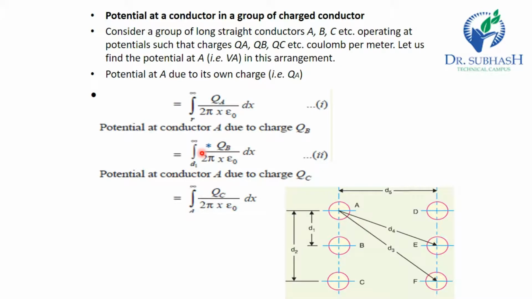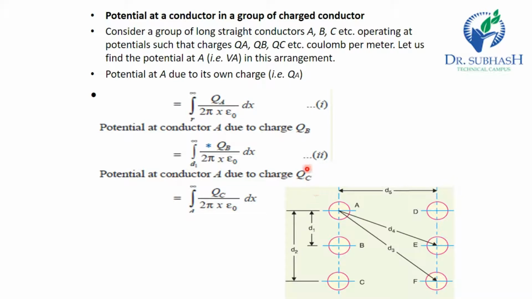Why? Because conductor B is D1 meters away from conductor A, and therefore the work done in bringing a unit positive charge from infinity to conductor A is taken from D1 to infinity.